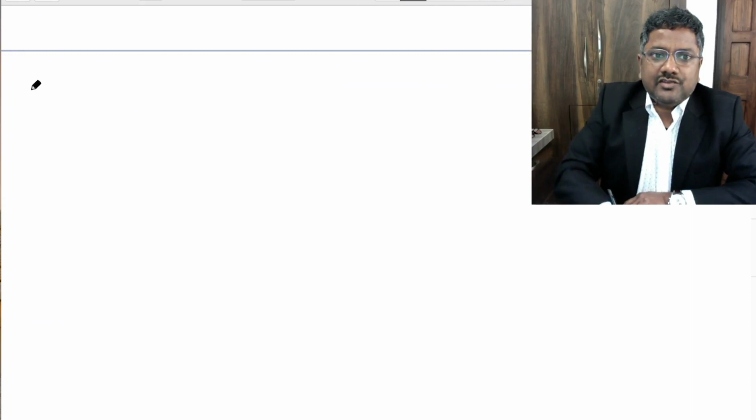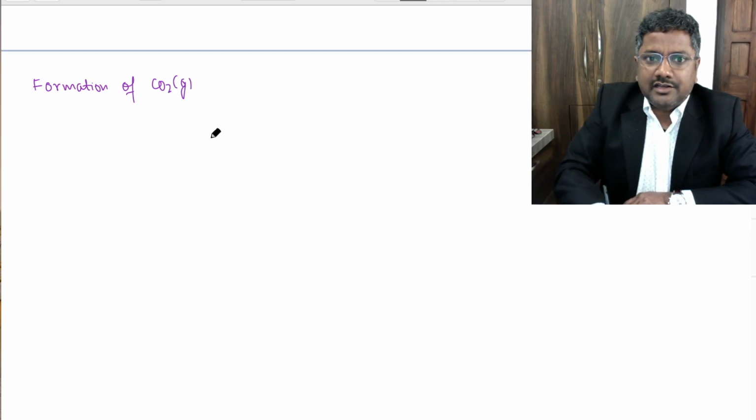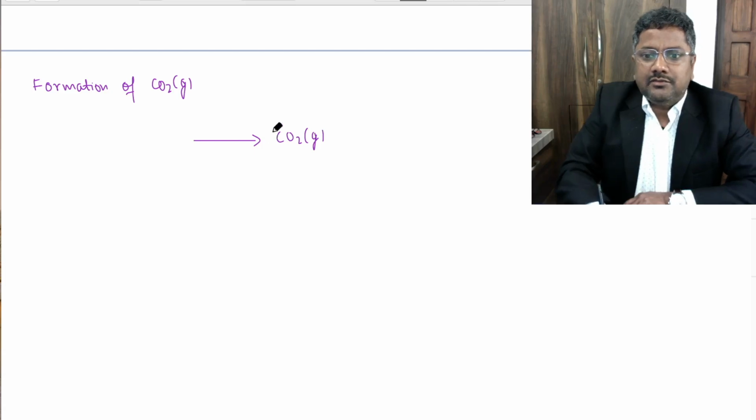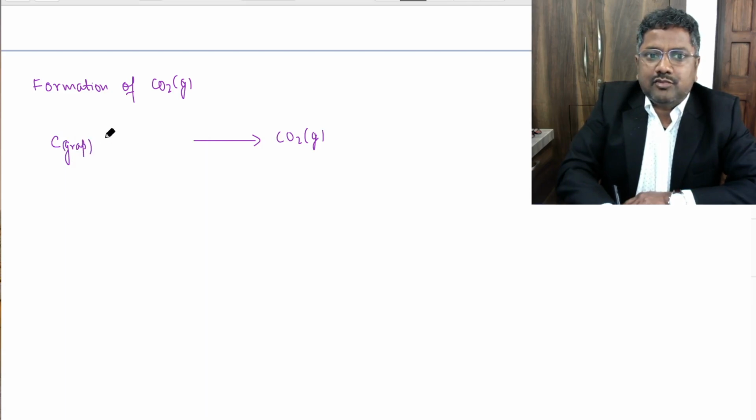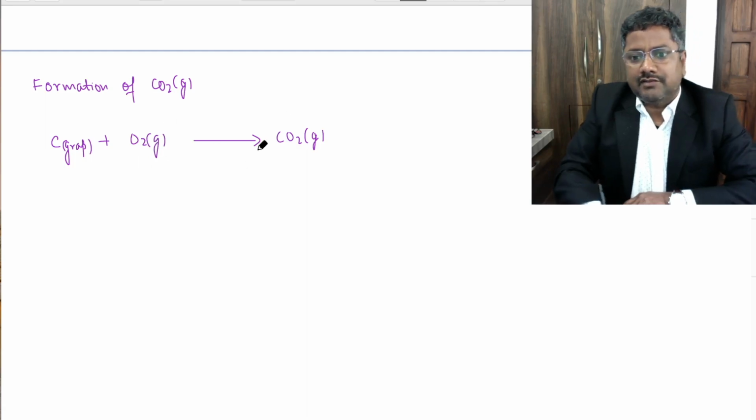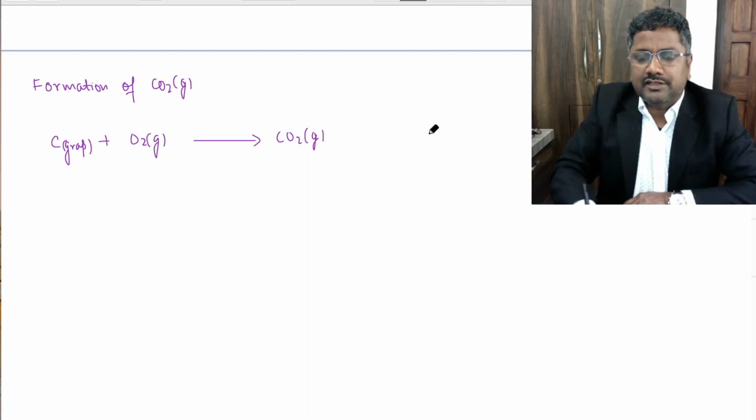So formation of carbon dioxide, which is gaseous at the given condition. All of you know that for the formation, you have to take the most stable form of carbon, so carbon graphite plus O2 gas, and I think the equation is balanced because here 1 mole should be there.